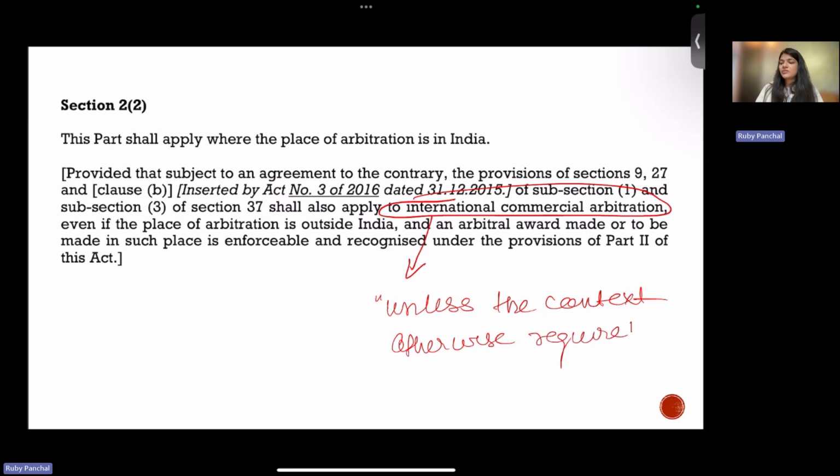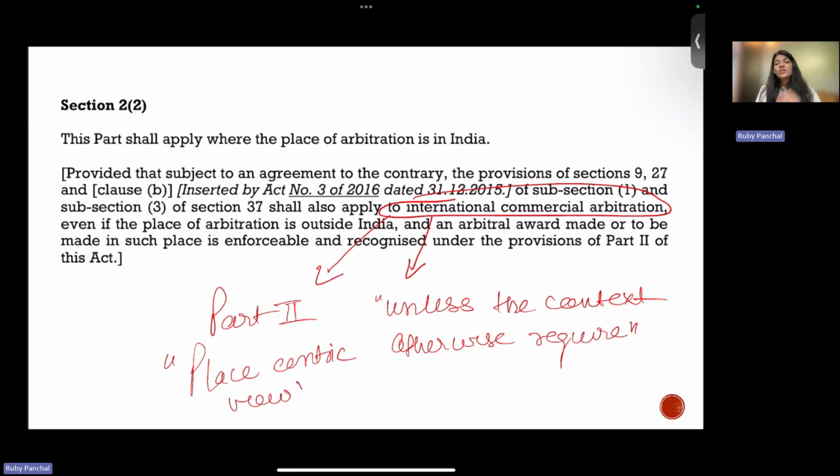And why so? Because here this international commercial arbitration is with respect to Part 2. We have already established that Part 2 has a place-centric view and not a party-centric view. Therefore, we are not going to use the definition in 2(1)(f), but we are going to use another meaning. The Supreme Court said that we will define international commercial arbitration here from a place-centric view.